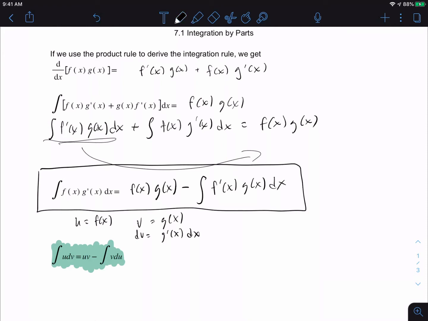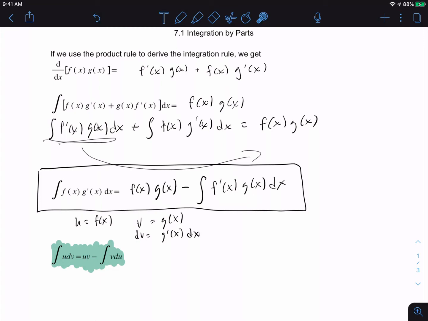If I take this thing and follow the process that we had above, we have f of x times g of x, that is u times v, correct? Then minus, we're going to have our v, which is g of x, which is right there.